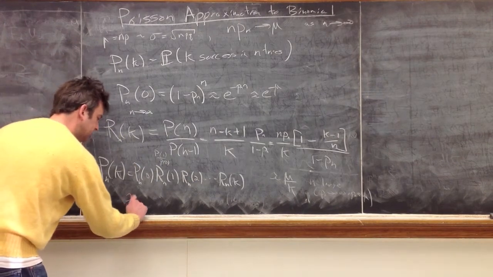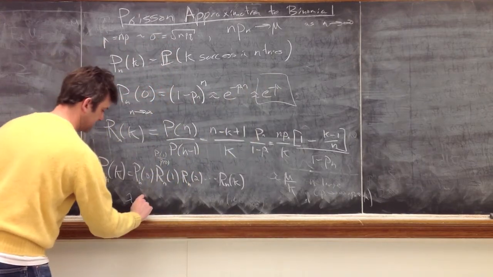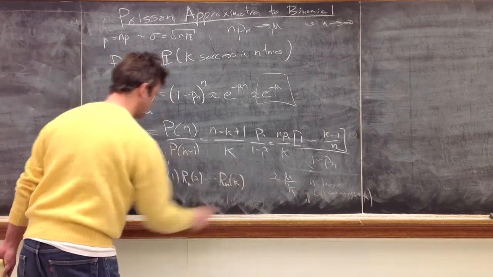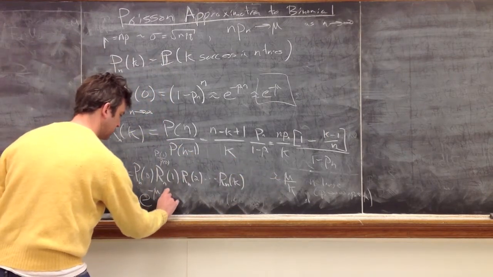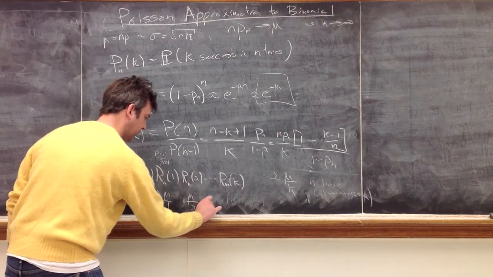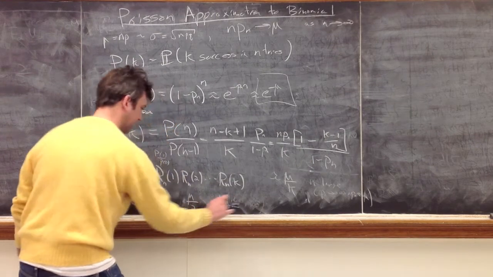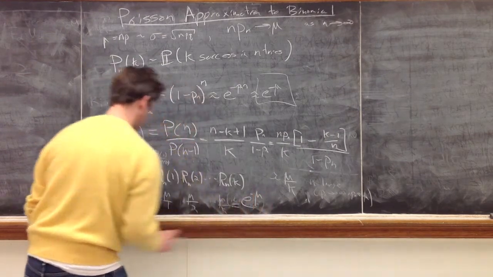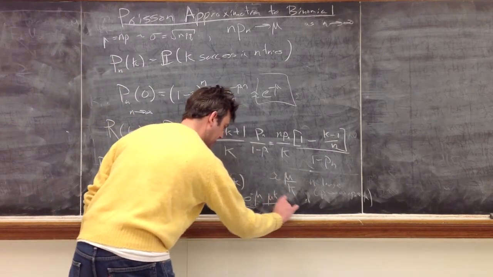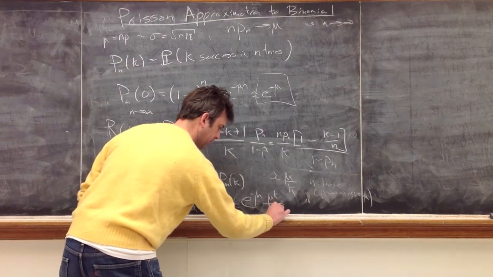And now, if I use the approximations we figured out, the first one being this one, for P0, we get e to the minus mu. And now for each of these, I use this approximation, which I just figured out. That's mu over 1 and then the next one is mu over 2, all the way up to mu over k, and that's equal to what? E to the minus mu. I have k mu's, so that's mu to the k, and then on the bottom I have 1 times 2 times 3 times 4, that's k factorial.